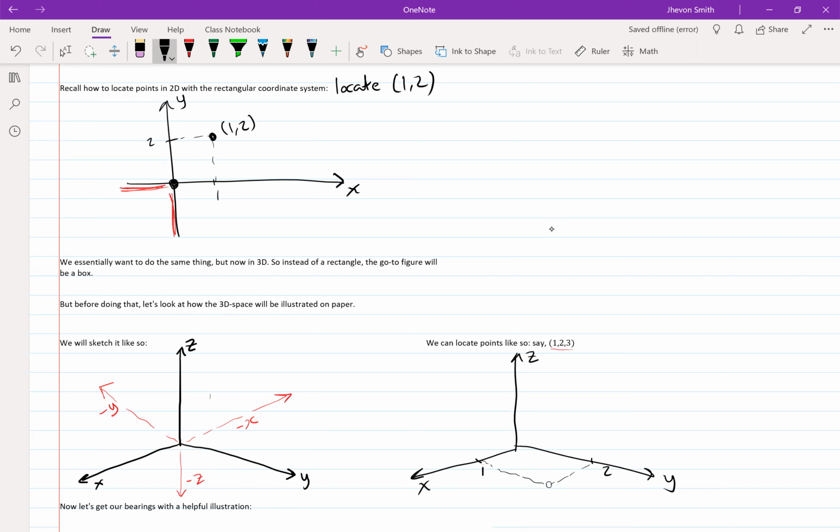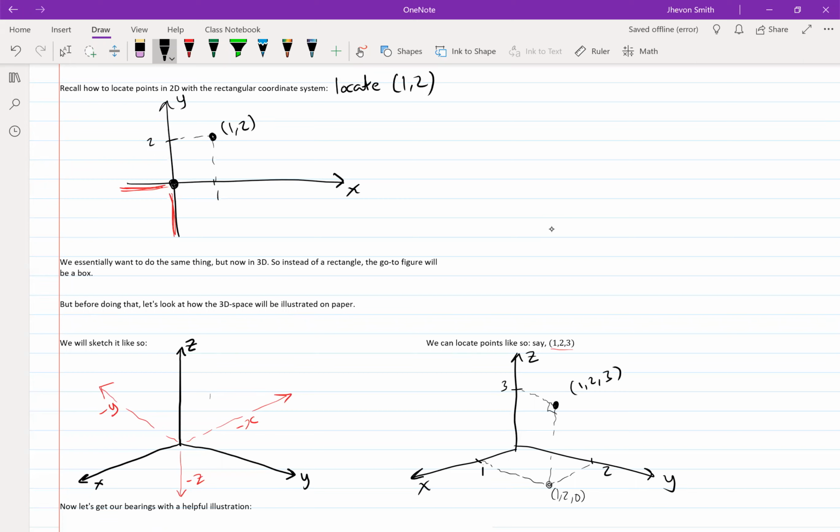And then this will be the point that is 1, 2, and there's no rise in the z coordinate, there's a 0. And then what you want to do is lift this point directly straight up to a height of 3, which means you find 3 on the z coordinate, and there's a straight line moving in a perpendicular fashion to hit that point. This is the location 1, 2, 3.